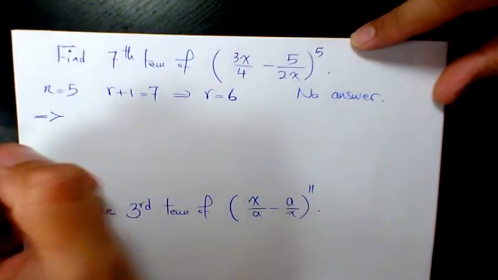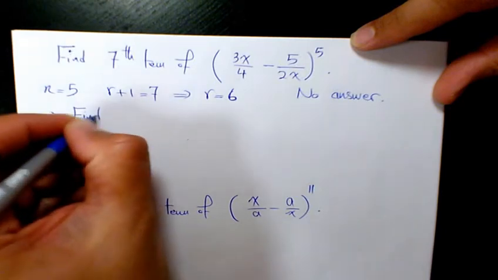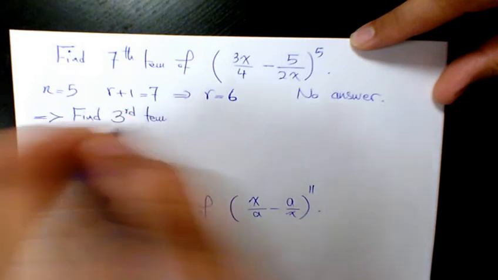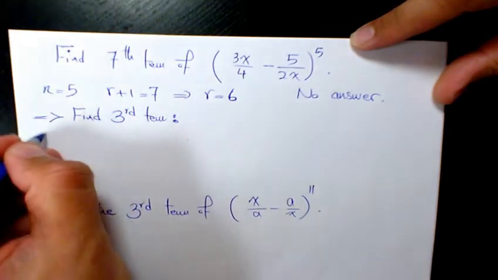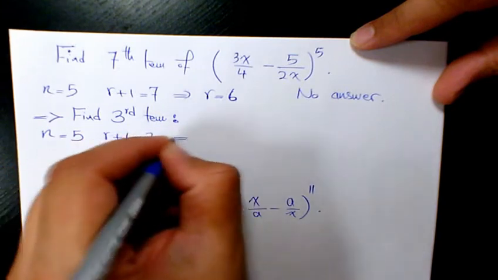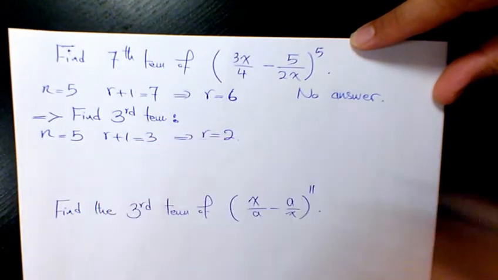However, if somebody asks you, find the third term. In that case, you're going to say n is 5, r plus 1 is 3, so r is 2.